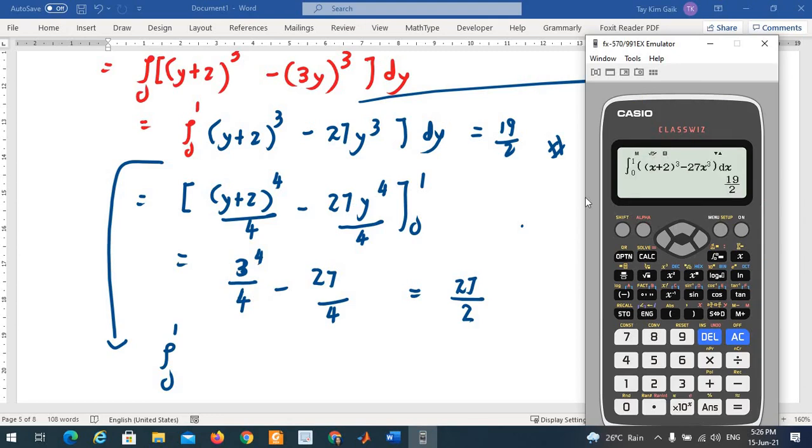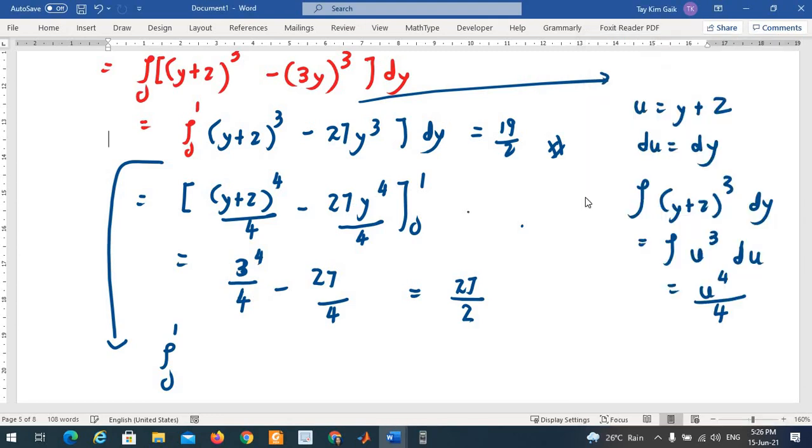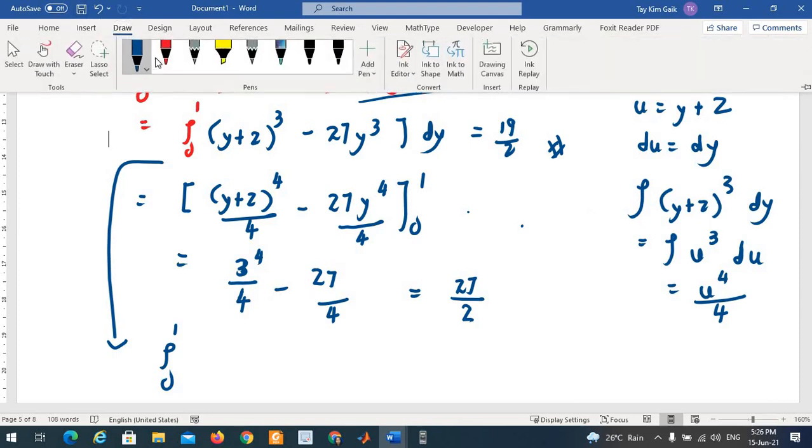And using the manual one, the mistake is that I forgot to plug in 0 in the first term. That's why the answer provided in the worksheet I gave is wrong: I forgot to plug in the substitution of y equals 0.